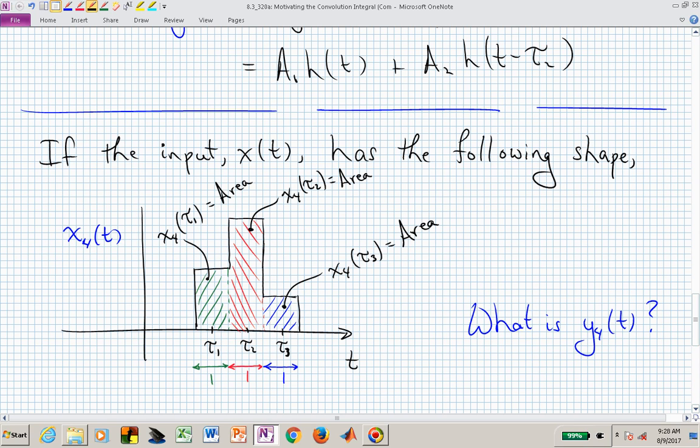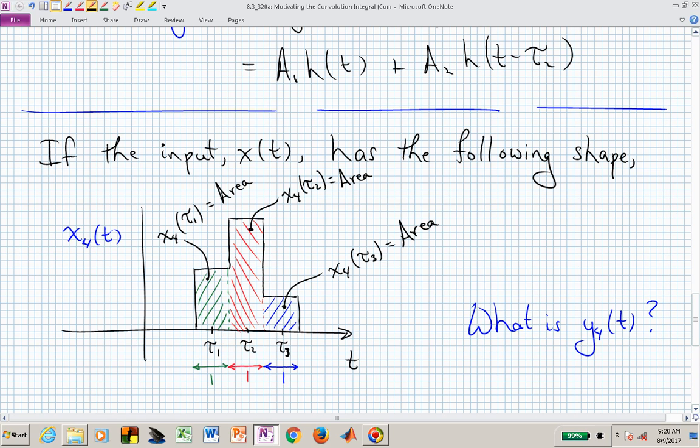And the width of these rectangles, we're just assuming for convenience, is a value of 1. So the amplitude of that pulse at time tau 1 is equal to the area of that, and we'll call that x sub 4 of tau sub 1.